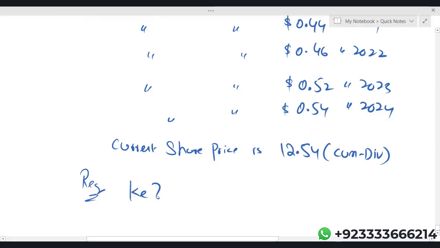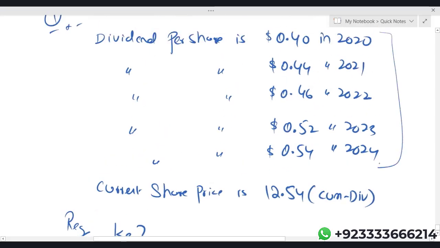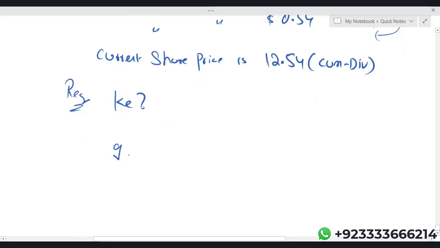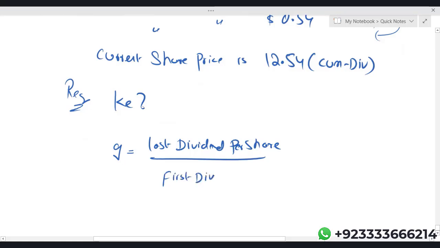Students, whenever you have been given information like this, we calculate average annual dividend growth rate, but how do we calculate? That's very important. You have to consider all the values. Small g is equal to last dividend per share divided by first dividend per share, power 1 upon n minus 1.